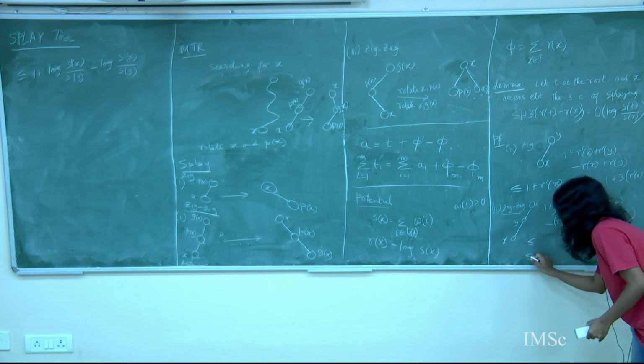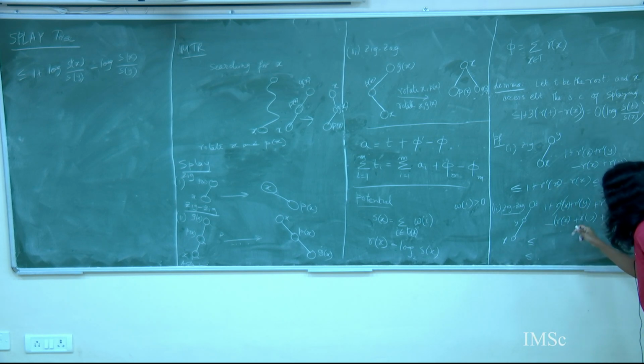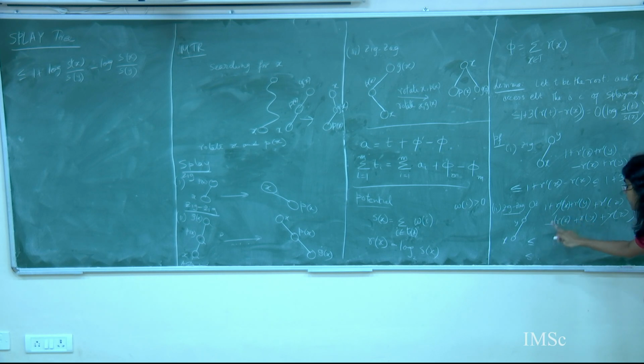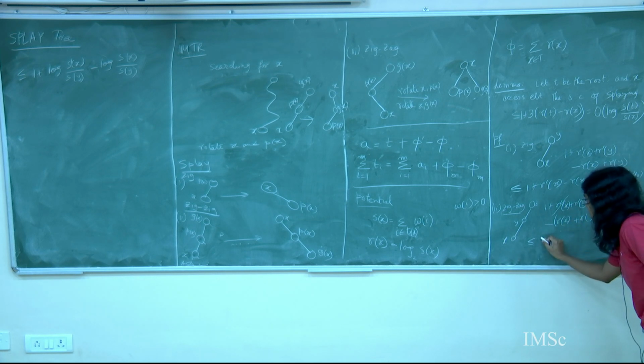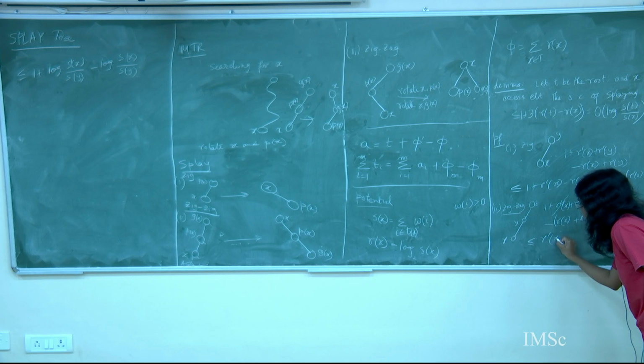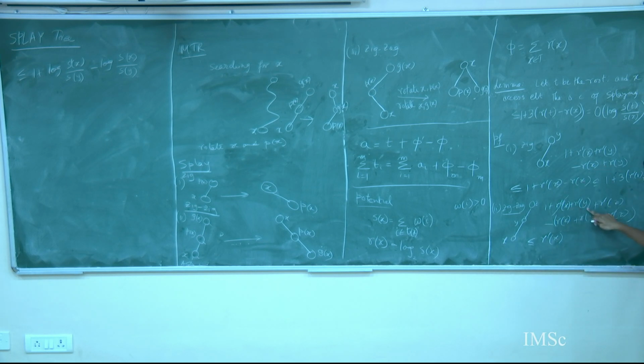So replace r prime of y by r prime of x. We can write that this is less than or equal to r prime of x, if I replace r prime of y by r prime of x, and then plus r prime of z minus r of x minus r of y.